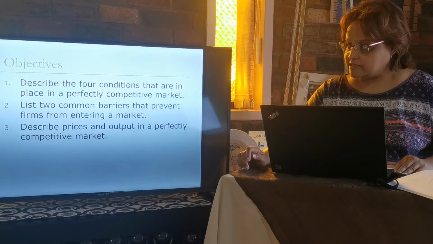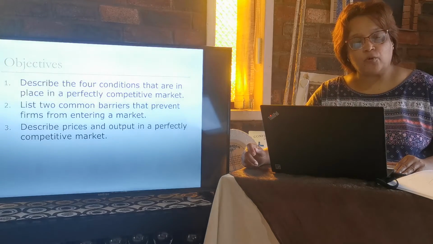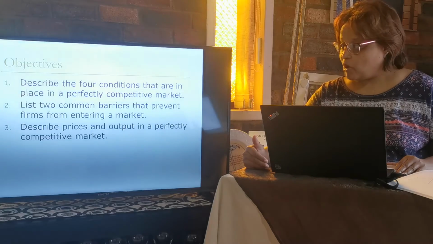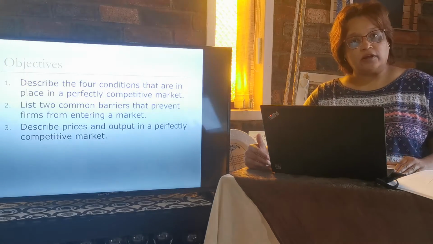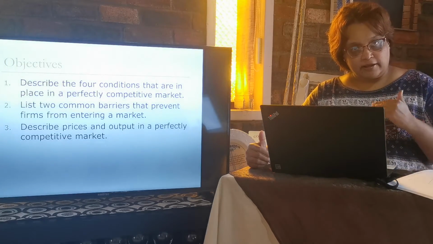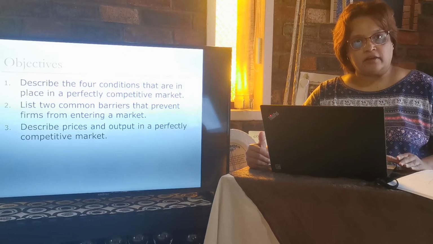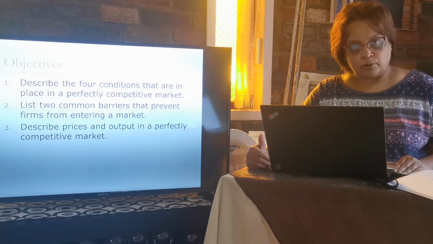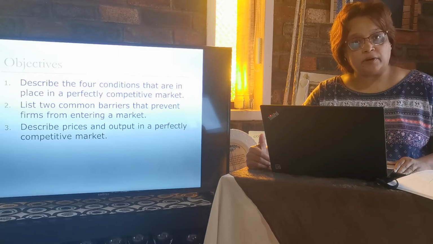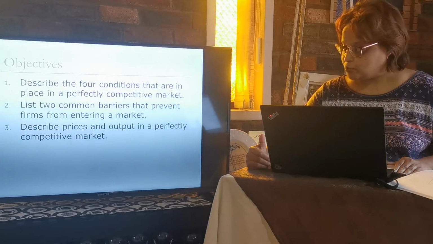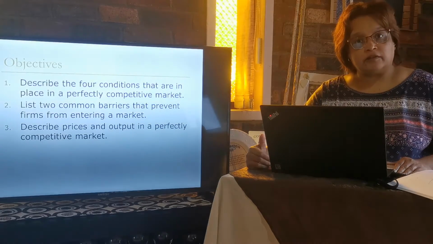For this specific section, we're going to need to know about the 4 conditions that prescribe a perfectly competitive market, then the barriers that would take away the possibility of perfect competition happening within the market, and lastly, describe the prices and output in a perfectly competitive market.